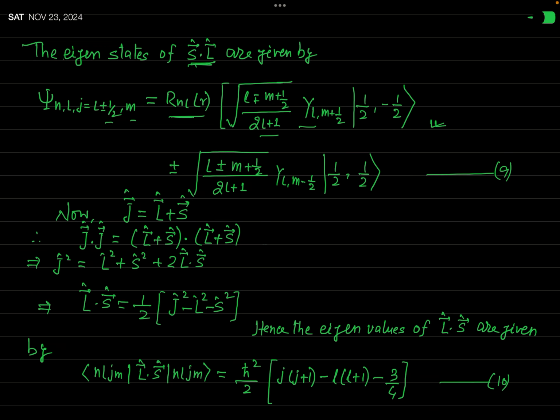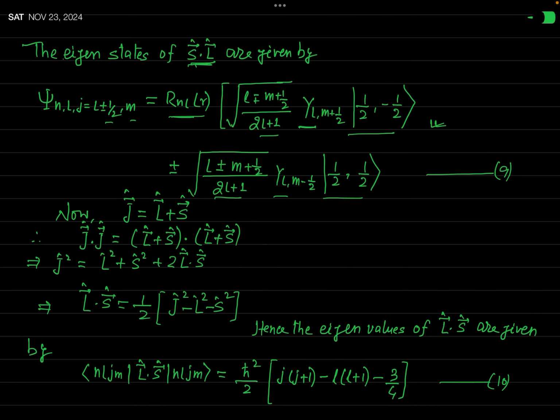Okay, this is the radial wave function, and Y is the spherical harmonics, operated on the ket 1/2, minus 1/2. And plus minus square root of (l plus minus m plus half) over (2l plus 1), Y l, m minus half, ket 1/2, 1/2.